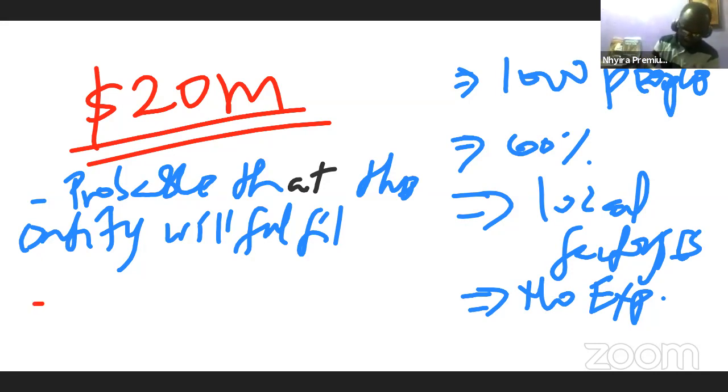Second one, it is probable that the money will actually be received, because sometimes governments can promise you, but the money will not come. So we should be, to some extent, certain that the money will be received. So will we fulfill? Yes, the box is ticked. Number two, will the government actually give us the money? Then we take it out. Now, how can we determine if the government can actually give us the money?